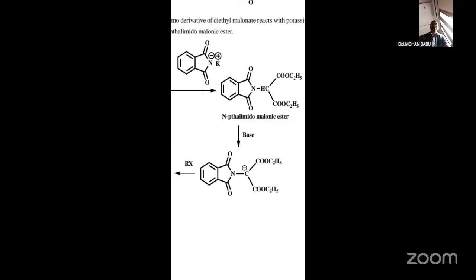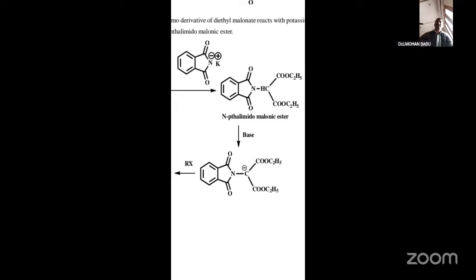in CCl4 solvent, and we get the alpha bromo malonic diester. This alpha bromo malonic ester is further treated with the potassium salt of phthalimide, like in the Gabriel method. So N substitution takes place here, and we get the intermediate compound N-phthalimido malonic ester.